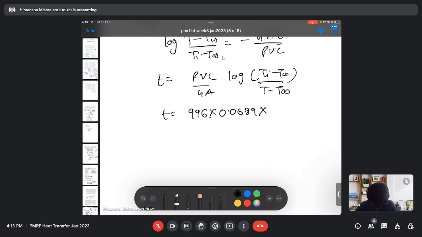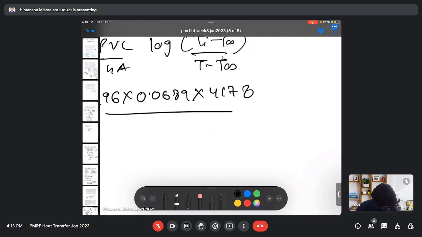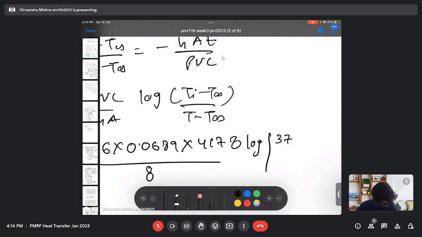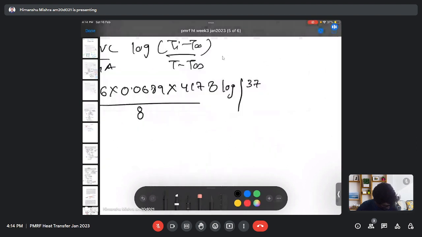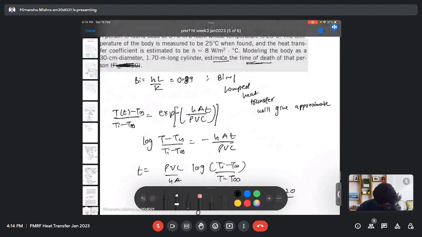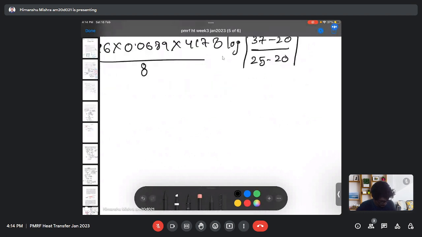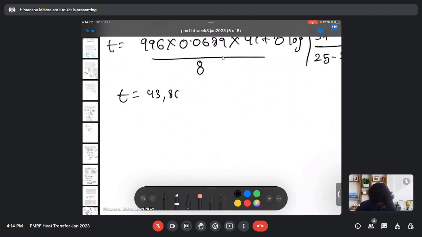Heat capacity is 4178, and the heat transfer coefficient is 8. The initial temperature is the human body temperature, 37, and the room temperature is 20. When the body is found, the temperature was 25. Calculating all these, we will get the time as 43,860 seconds, which is 12 hours.